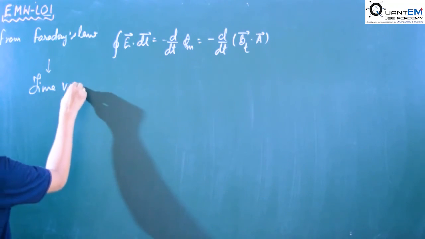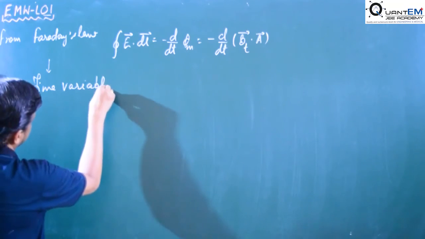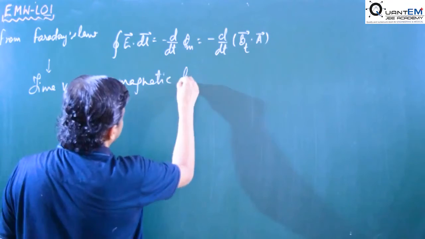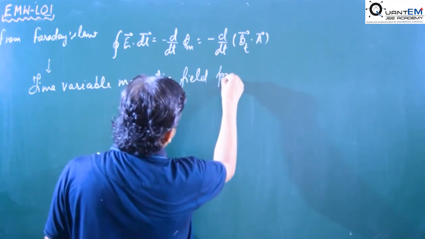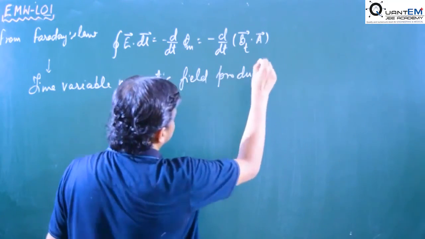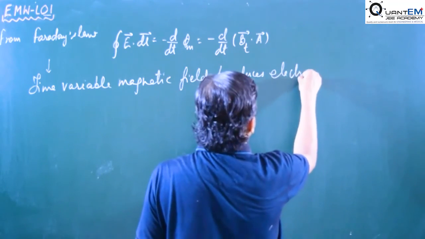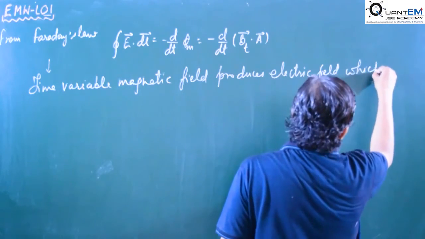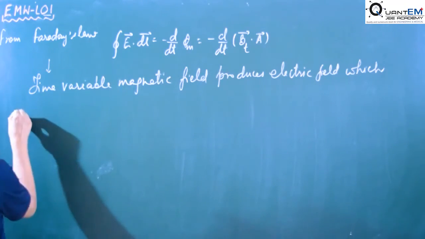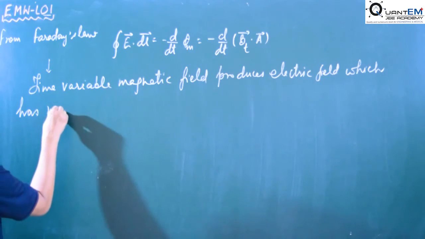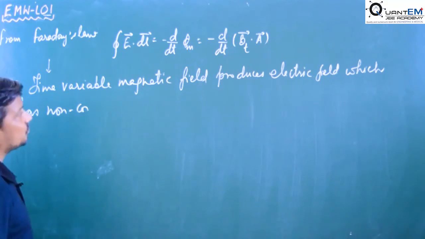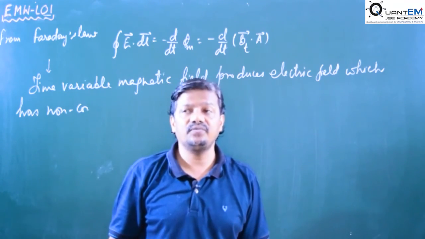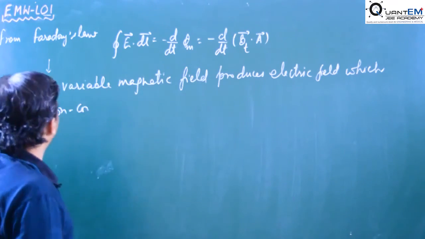The time variable magnetic field produces electric field which has non-conservative nature. इलेक्ट्रोस्टैटिक फोर्स इज कंजर्वेटिव इन नेचर, लेकिन अगर टाइम वेरिएबल मैग्नेटिक फील्ड से इलेक्ट्रिक फील्ड या फोर्स जेनरेट होता है तो दैट विल हैव नॉन कंजर्वेटिव नेचर.